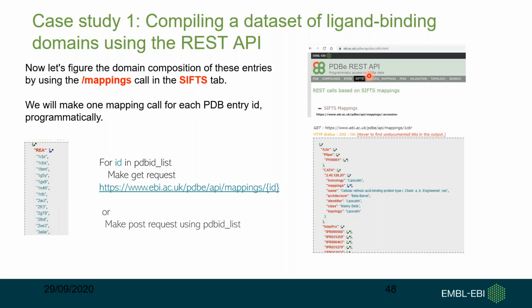We will take a look at the second endpoint within the SIFTS tab, and it is the first call in the SIFTS tab called mappings. Because we have multiple PDB IDs, there are 2 choices for what you can do.